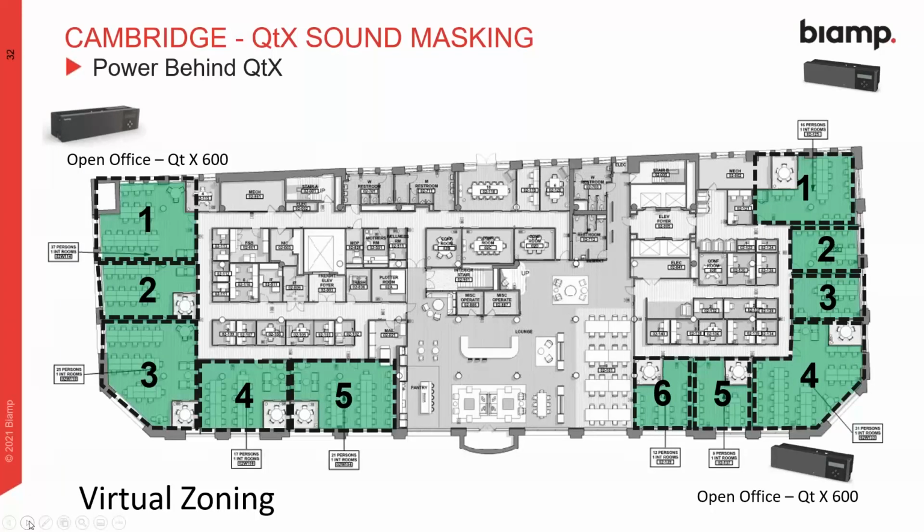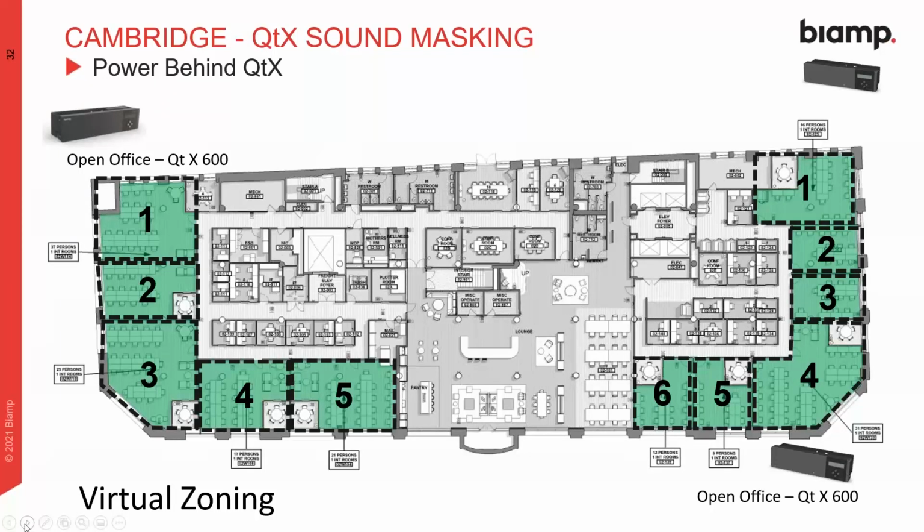On this new product, they are flexible outputs, because once the system has been configured for sound masking, we can virtually zone the outputs to create control zones and information zones for paging or background music. An example: on the left side of this floor plan, I have a QTX 600 that I'm using, and for the purposes of discussion, let's say I'm using 5 outputs on this processor. On the right side, I have the same processor, and I'm using 6 outputs of this processor.